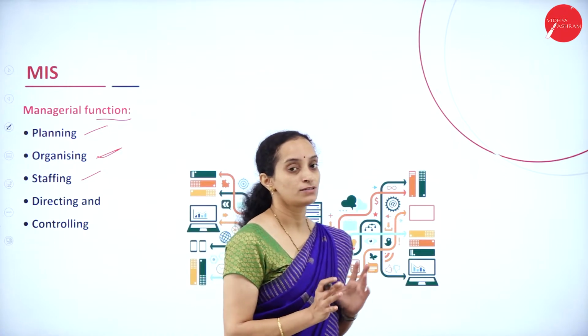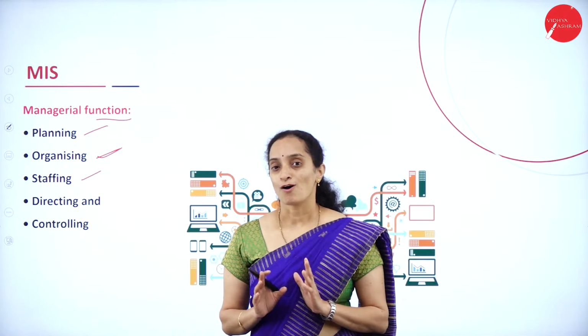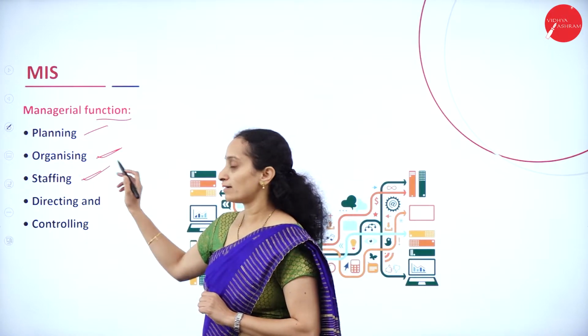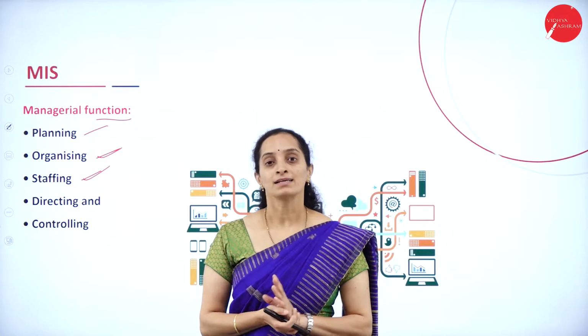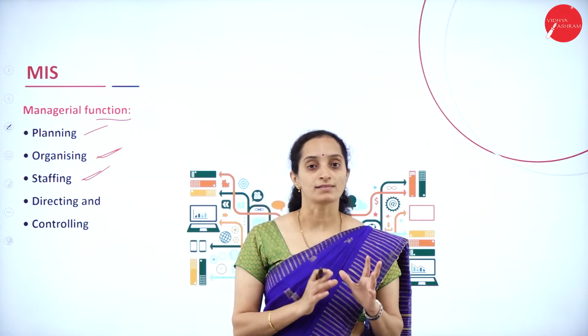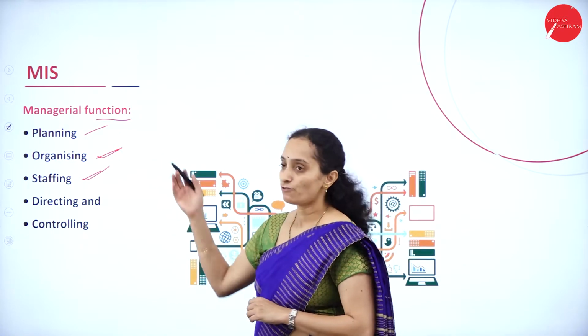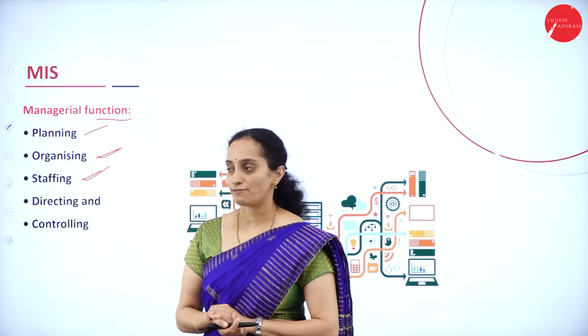The candidate must know how to organize and manage the data. That means the third function is staffing. Once you collect the data, next you need to have someone who can manage that data, isn't it? Information. For that, you need the staff. Recruiting the staff is the process of staffing.